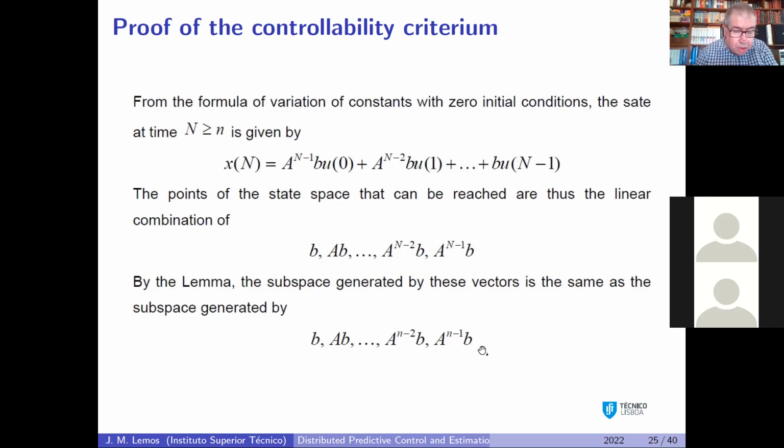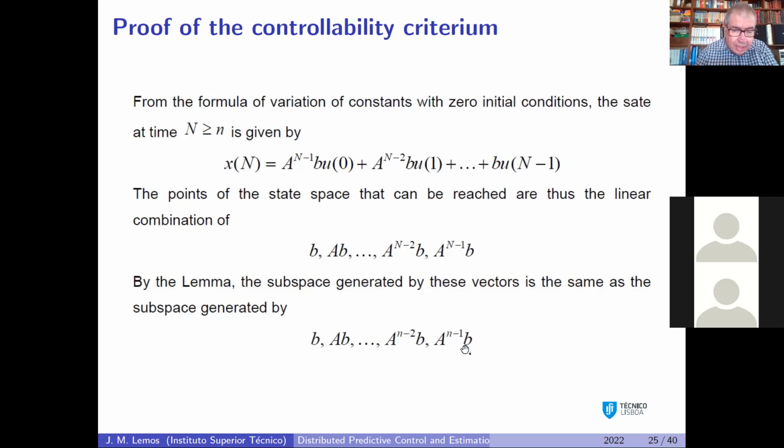So what is the conclusion? The conclusion is you can reach any point. You can solve the equation x_f equal to this linear combination with respect to the sequence of u's, provided that with just the first n vectors, where small n is the dimension of the state. This also gives you the linear independence.